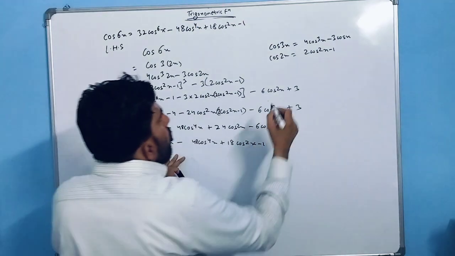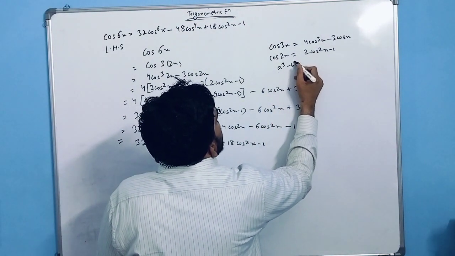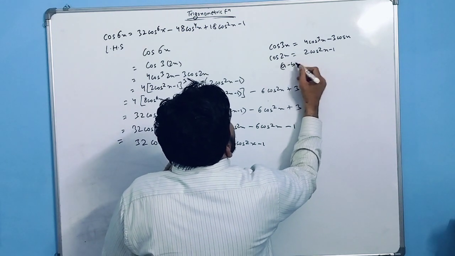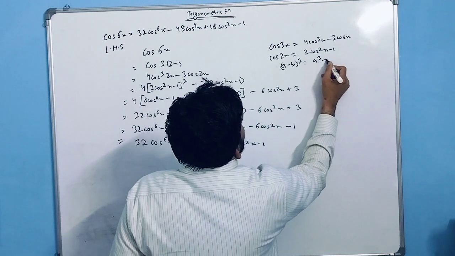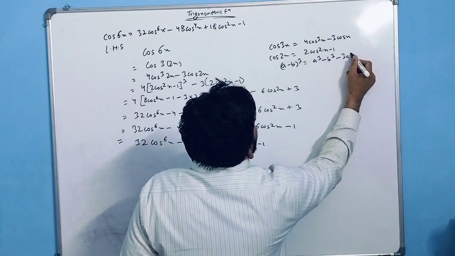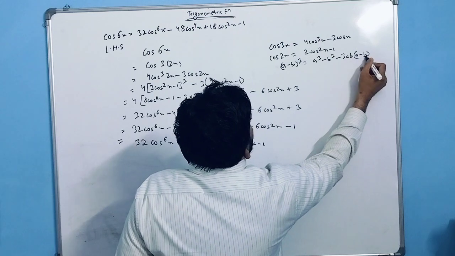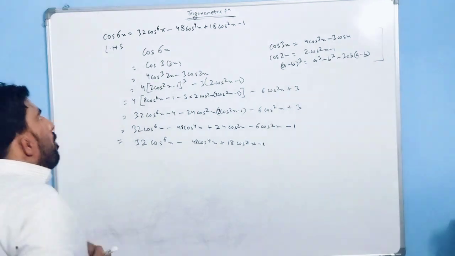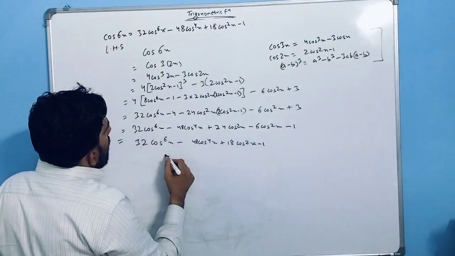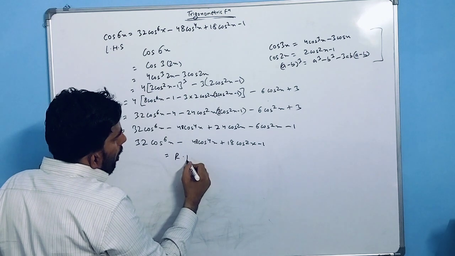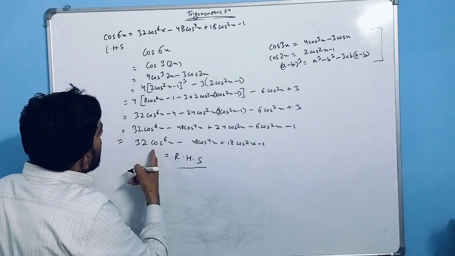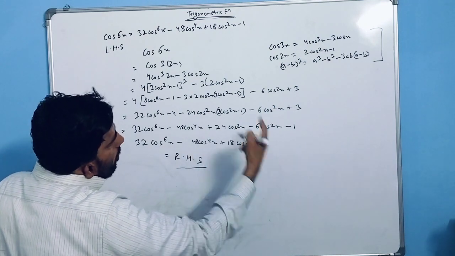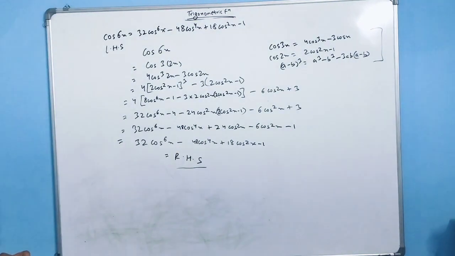And one more we have used, the expansion of (a minus b) whole cube, that is a cube minus b cube minus 3ab into (a minus b). These three formulas we have used to find our answer, and we finally got our RHS, 32 cos to the power 6 x minus 48 cos to the power 4 x plus 18 cos square x minus 1. That is how we are able to solve it.